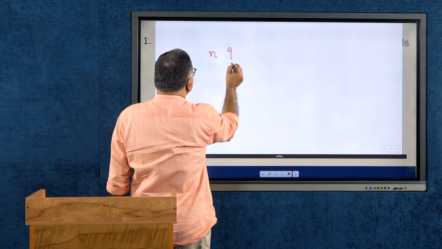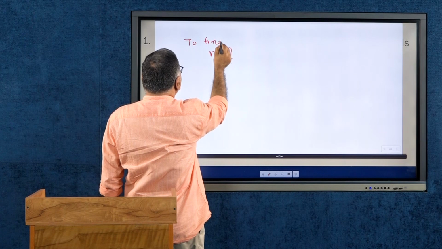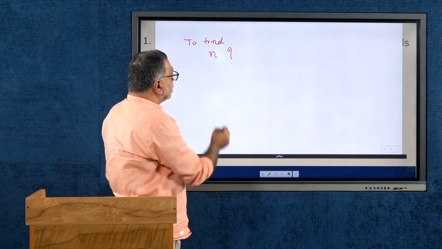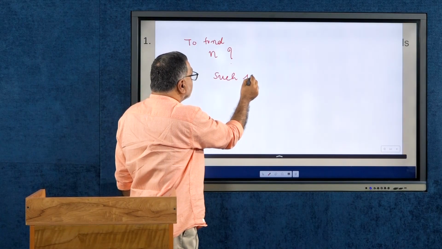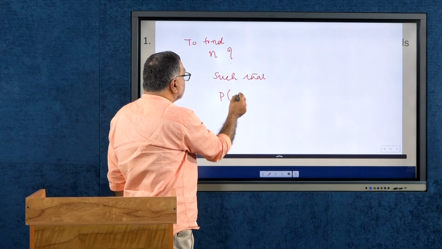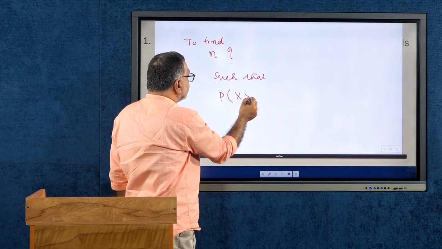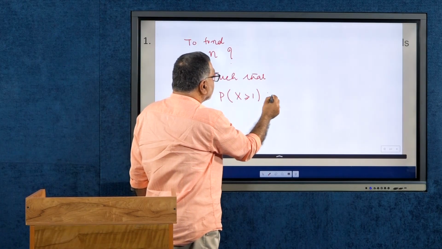So, the question is to find n such that the probability of at least one success, greater or equal to 1, is greater than 1 by 2.